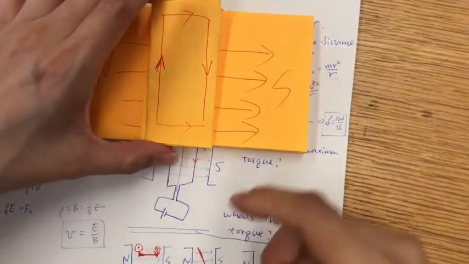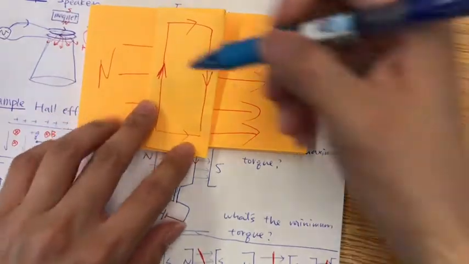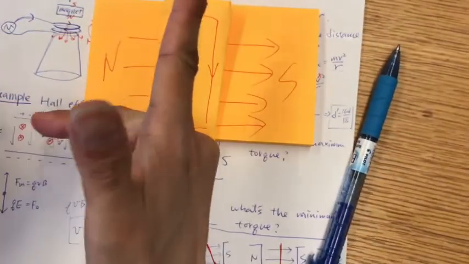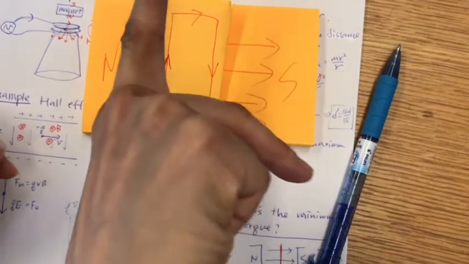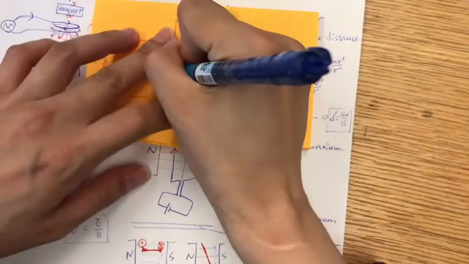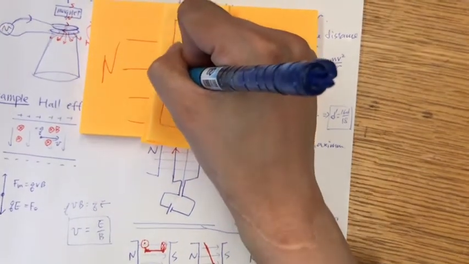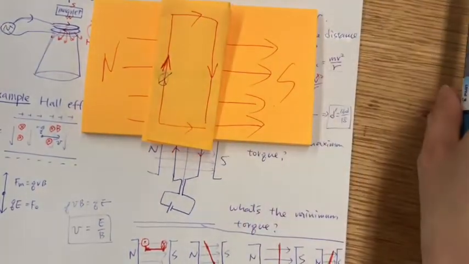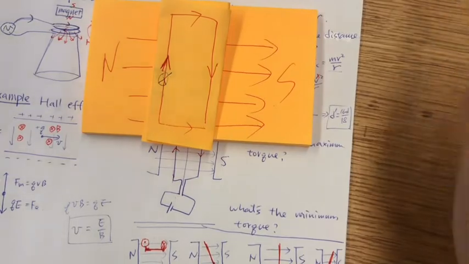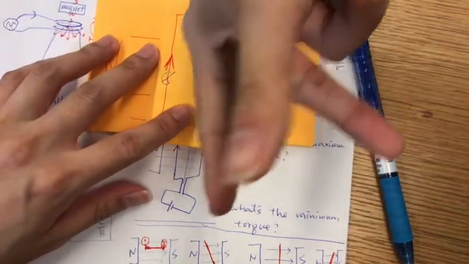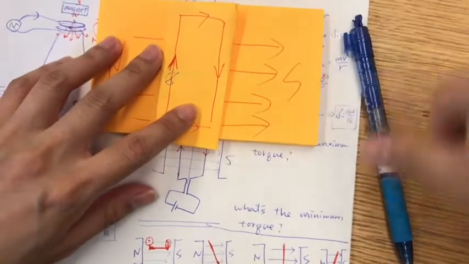So let's see what's happening here. First, on this end, the current is going up. Field is going to the right, so the force is going into the page. And here current is down, field is to the right, so the force is out of page.